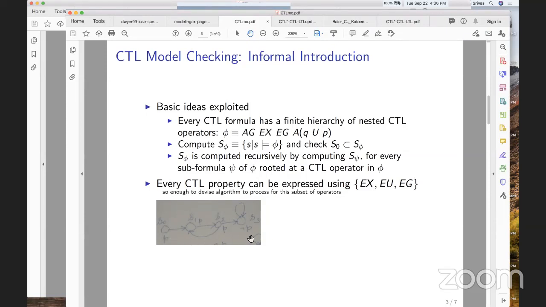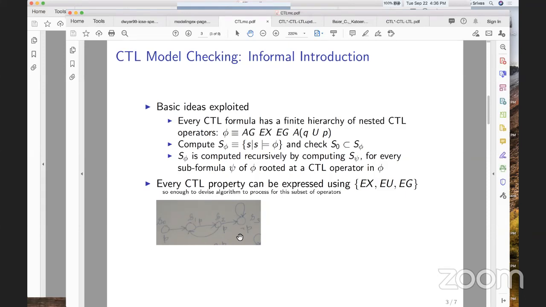I have labeled also not P here, just for illustration. There are only finitely many states, and I will show how this works explicitly on a transition system graph.